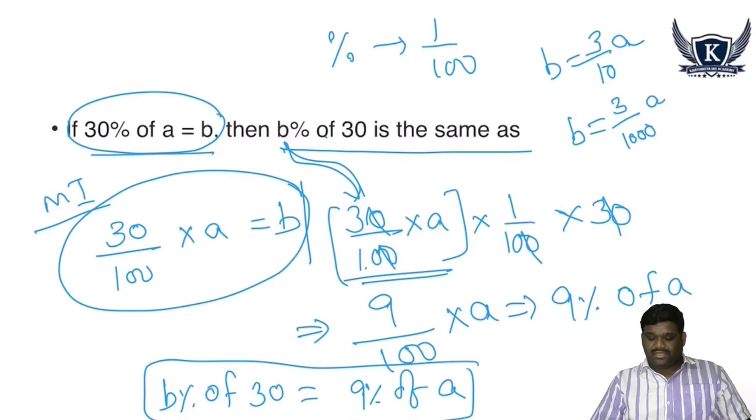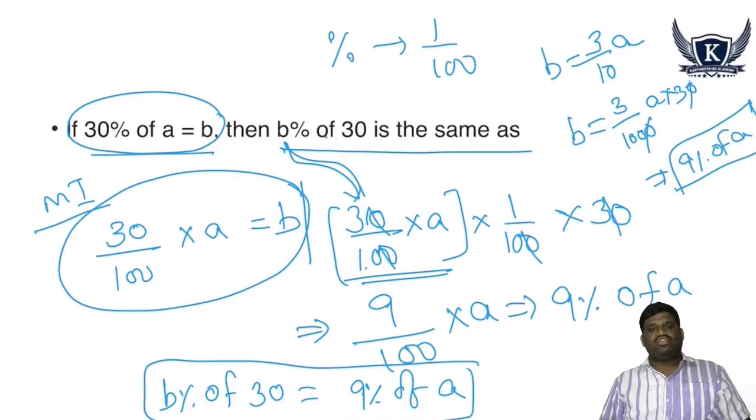Now multiply that with 30, so you will get 9% of A again. So this is the approach which you need to use in the examination.